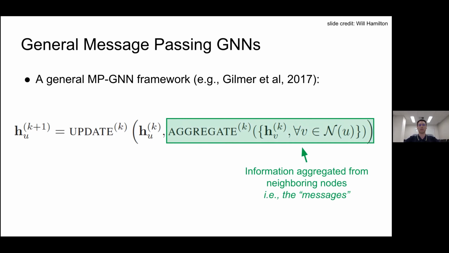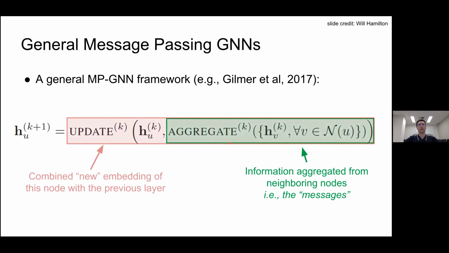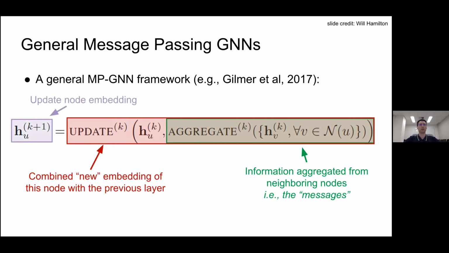If we do, then we need specialized methods. But in general, if you just assume nodes and edges, the standard composition of graphs, we don't have a sense of ordering. So we need invariant aggregation, and then an update function that takes in the old representation of the node and uses this aggregated information from the neighborhood to produce the new embedding.